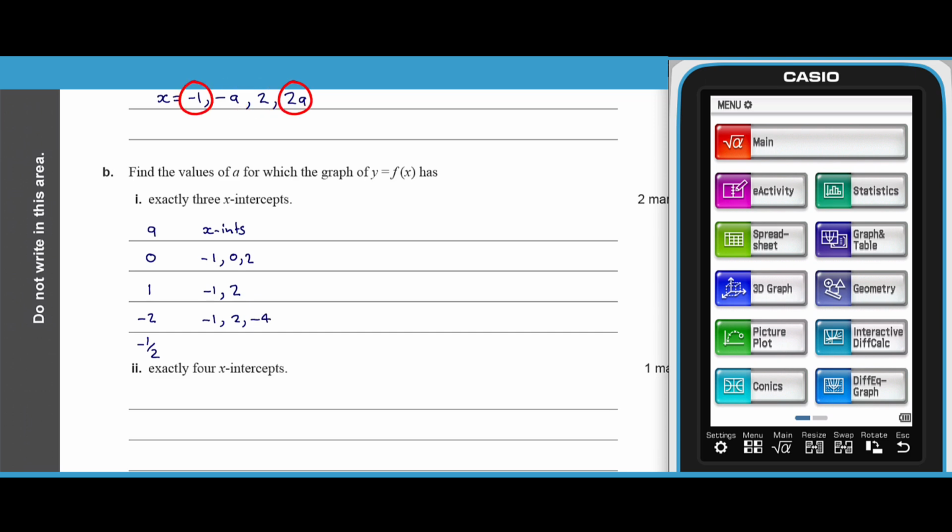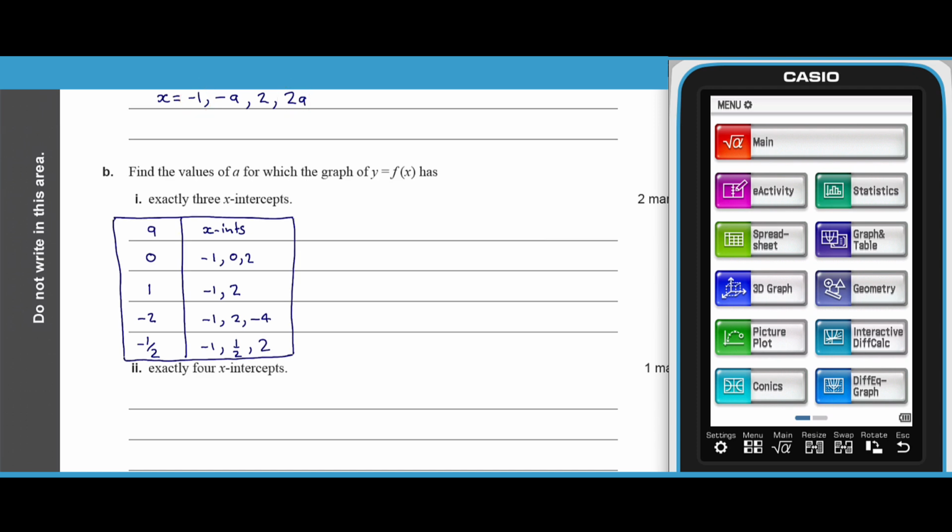If a equals -a half, the x-intercepts are -1, a half and 2. Based on this table, the answer to Part B, Part 1 is a equals 0, -2 and -a half, as these are the 3 cases when the 4 solutions reduce to exactly 3 x-intercepts. The answer to Part B, Part 2 is all the other values of a, other than the 4 values considered above.